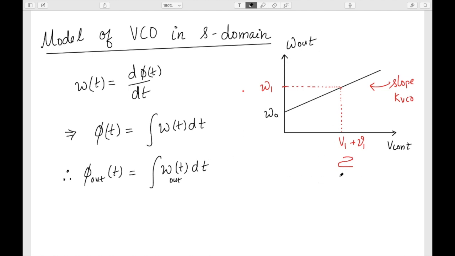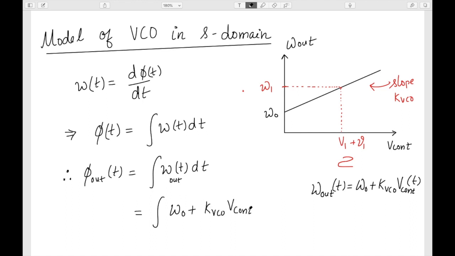And since we know that omega out(t) is equal to omega naught plus KVCO times V cont, and this is also changing with t, I can write this as the integration of omega naught plus KVCO V cont(t) dt, the whole integration.